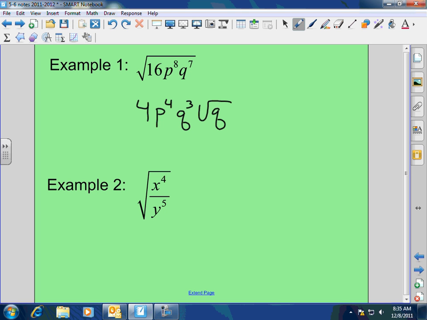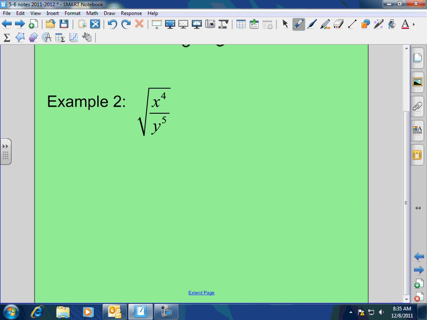Now, what if I have, for example, 2 here, the square root of x to the 4th divided by y to the 5th. Well, if I have the square root of x to the 4th divided by y to the 5th, I'm going to have the square root of x to the 4 divided by the square root of y to the 5th.